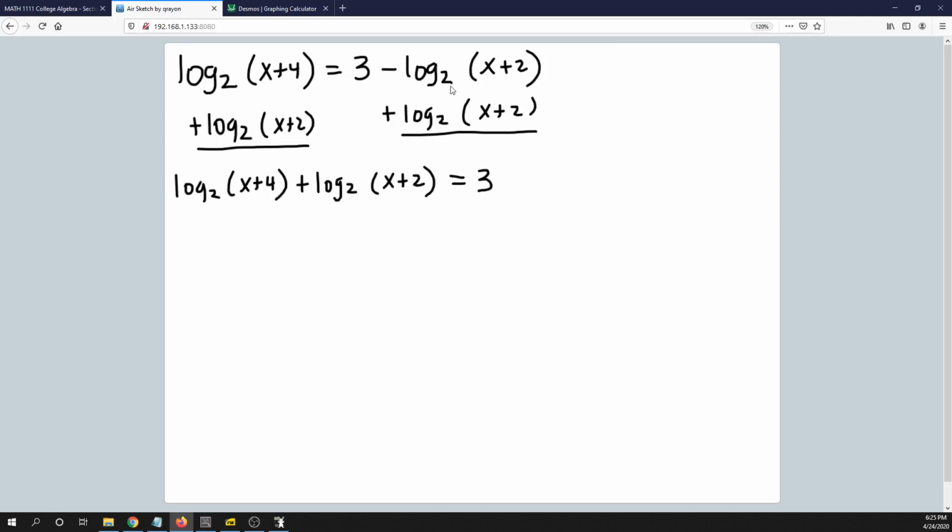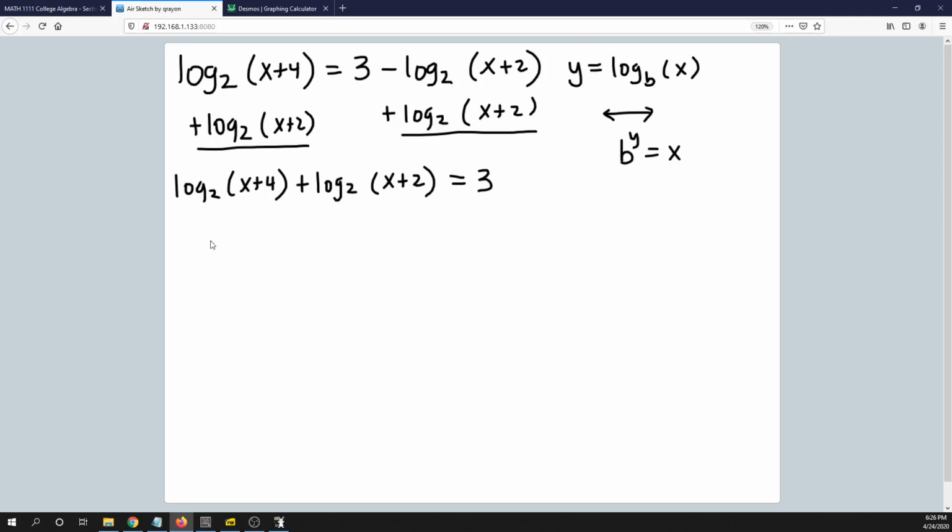Add or subtract logs to both sides. Make sure that you get all of the logs on one side and the non-logs on the other side. The reason is that to solve this equation, we are going to use the conversion between the logarithmic form y equals log base b of x and the exponential form, b to the y equals x.